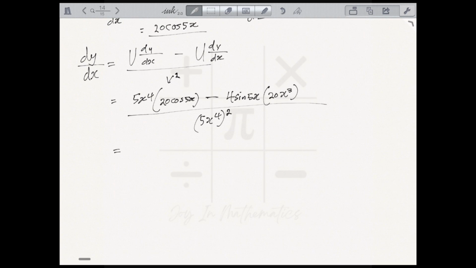Now let's multiply out. This will give us 100x raised to power 4 cos 5x minus 80x raised to power 3 sine 5x, divided by the square of 5, which is 25. The square of x raised to power 4 is x raised to power 8.